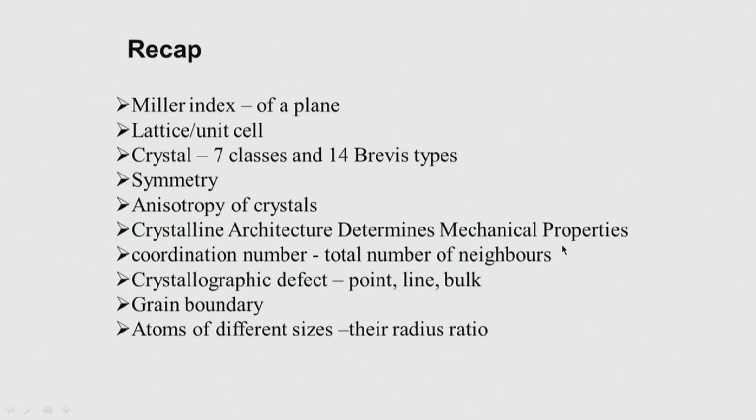So, for example, if it is a BCC and the direction of the force is across the longer diagonal, the atom that is inside the body also will be part of it. So, the mechanical strength will be higher, the Young's modulus will be higher, whereas if the load is along one of the planes, that particular atom which is inside the BCC will not be taking part.